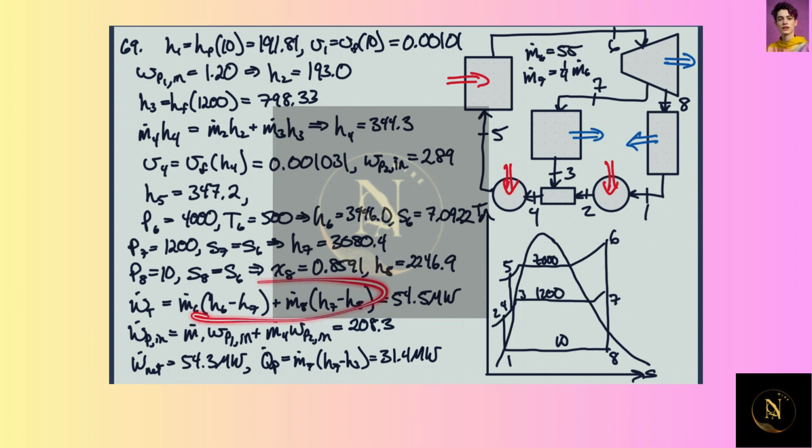I've divided this up in a little bit of a strange way. You could do it again because you're bleeding some off and then you're having some over here.